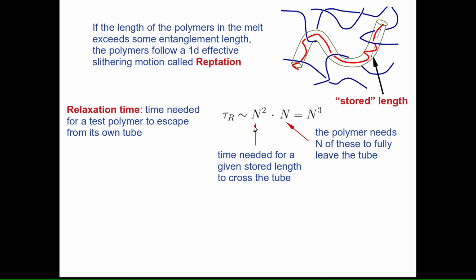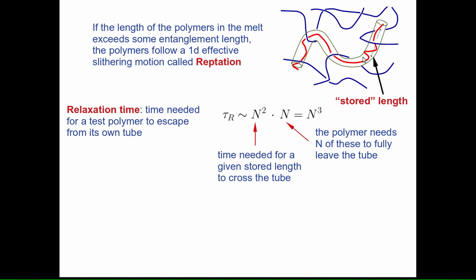So how can a polymer escape? The red polymer can escape from the tube. It needs stored length. It needs diffusion of stored length, right? So let's suppose that there is no stored length in between, that the polymer is somehow ideally stretched.